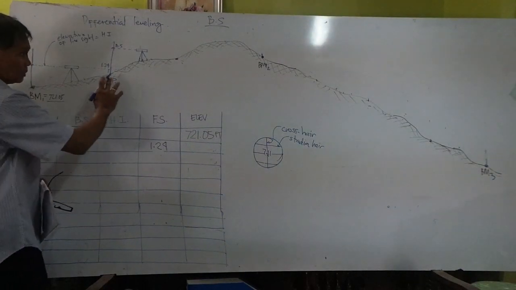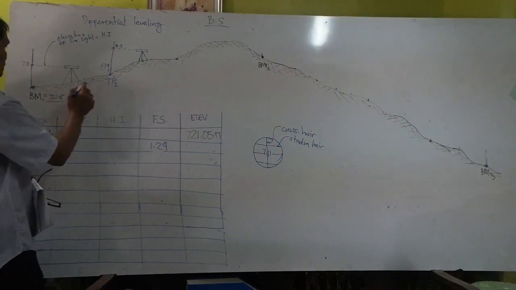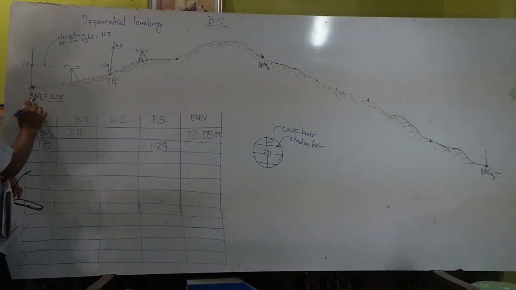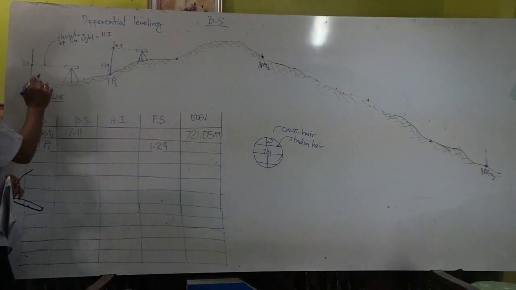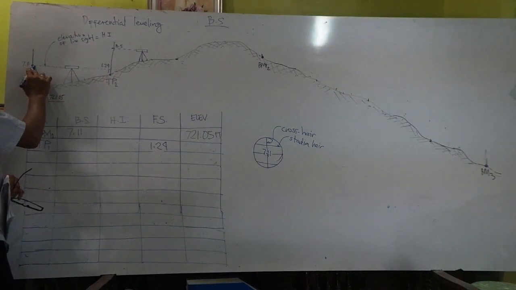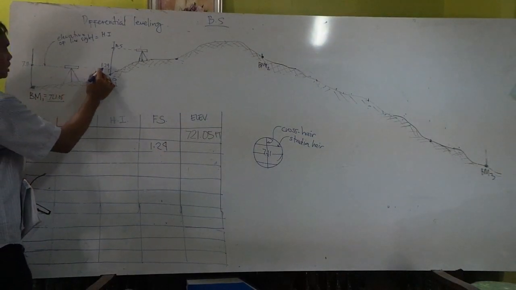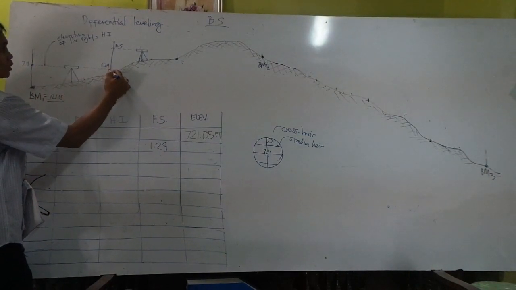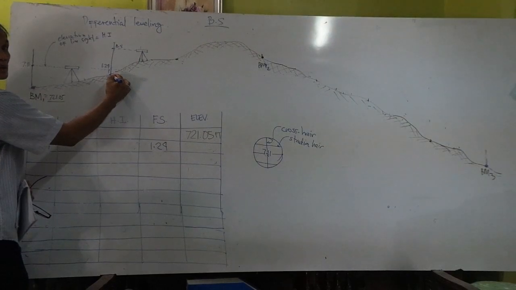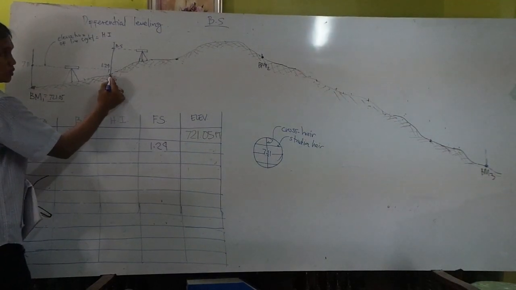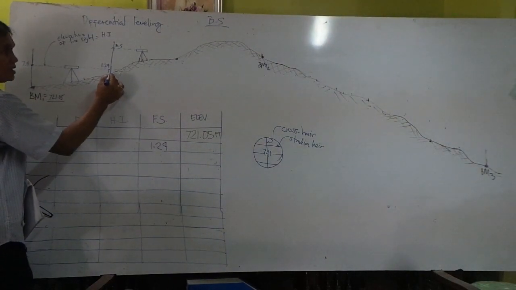Because we know that benchmark 1 elevation, plus the backside at this point, is the height of the instrument. So, morning height sa instrument. Ang above diri, minusan siya sa 1.24, so nakuha na nato ang elevation diri sa turning point 1. So, known na dahil ang iyang elevation.